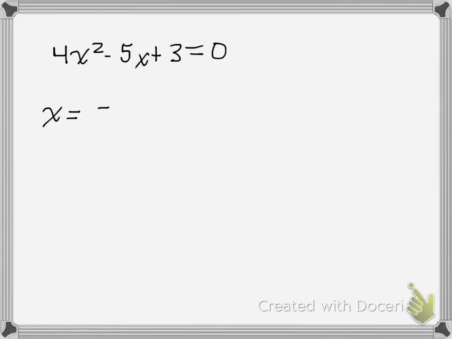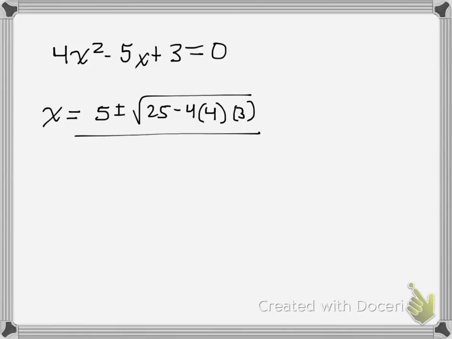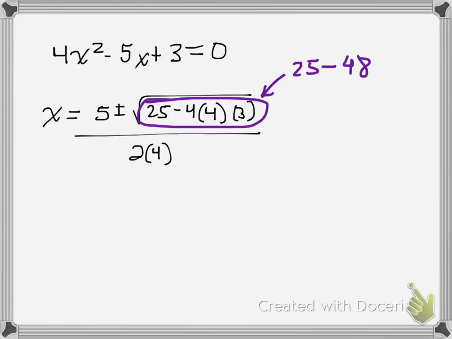And if I solve it with negative b plus or minus the square root of b squared minus 4ac over 2a, what you see here is 25 minus 48. Do you see what's going to happen there? It's going to come out negative. And then what are we going to do? We're going to have rad negative 23, and that is imaginary.